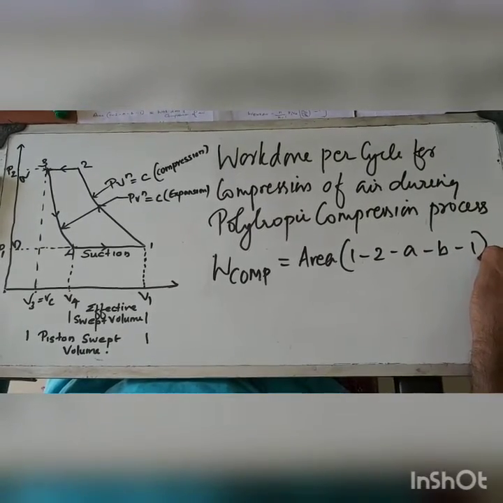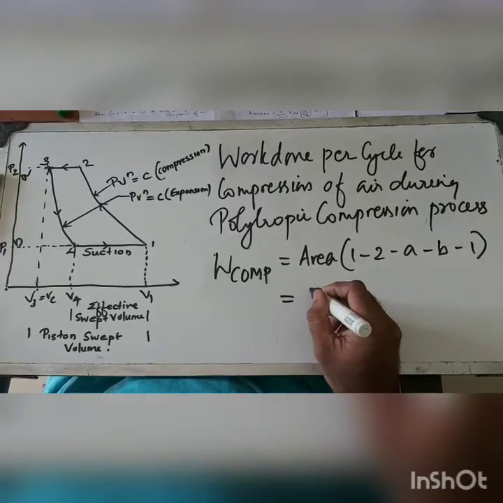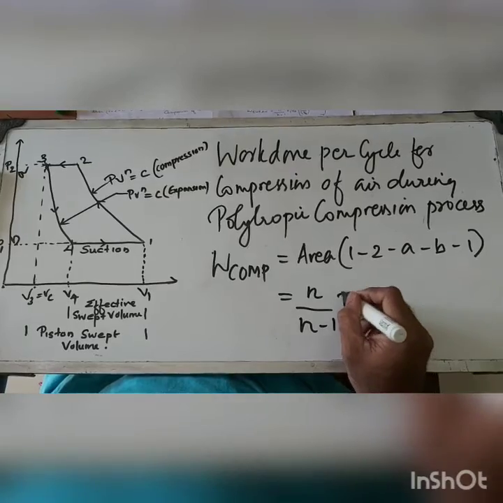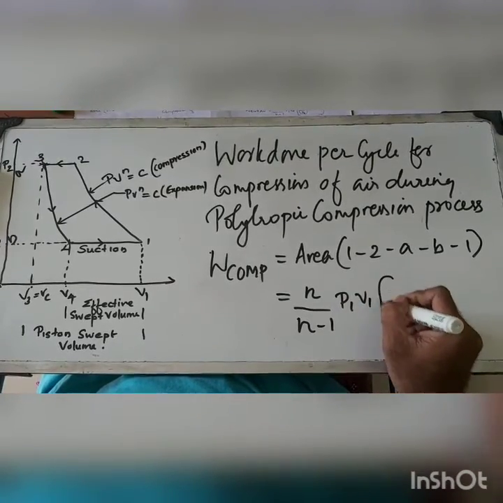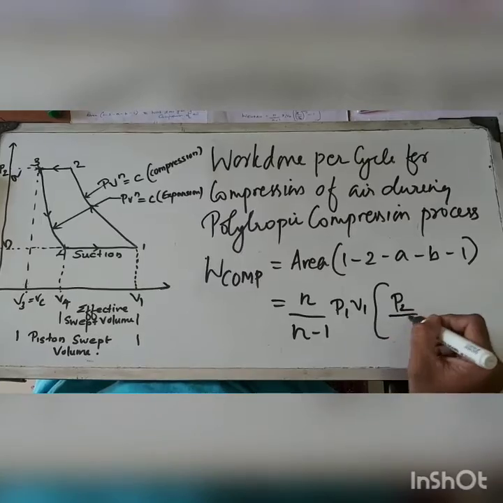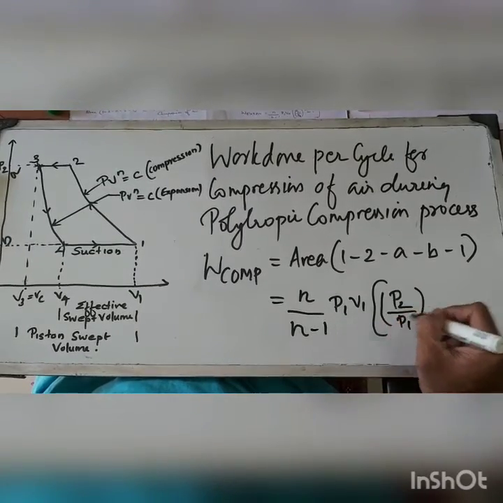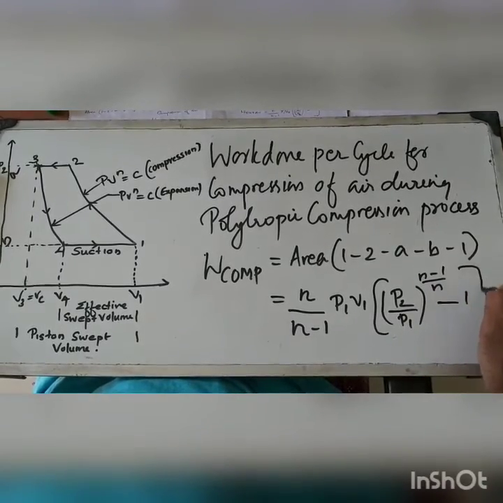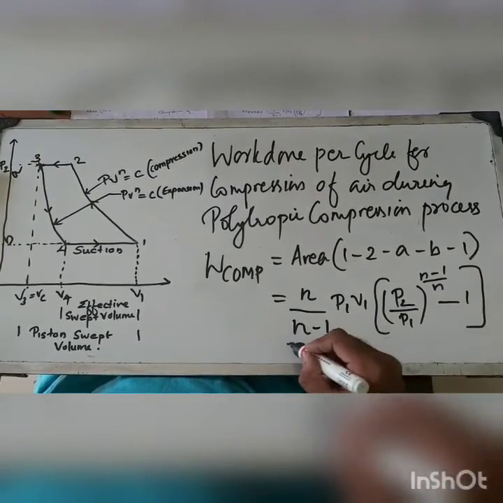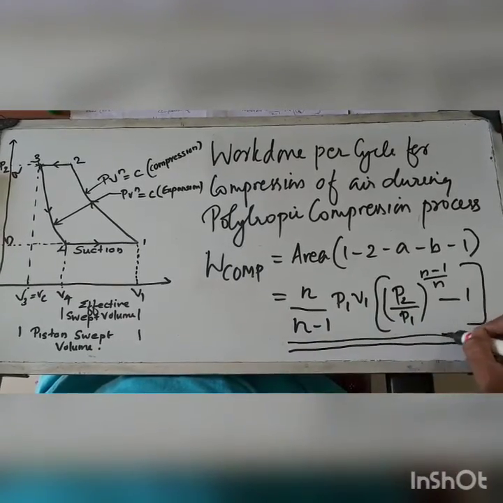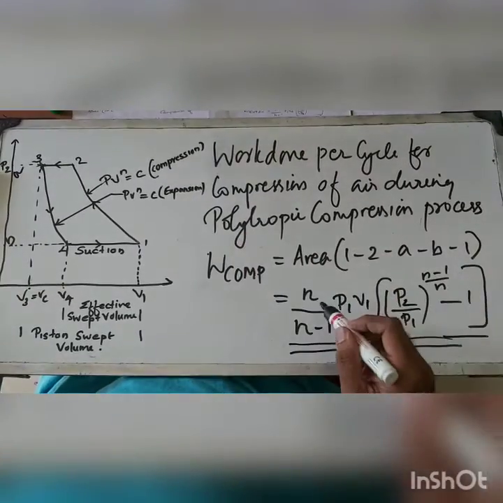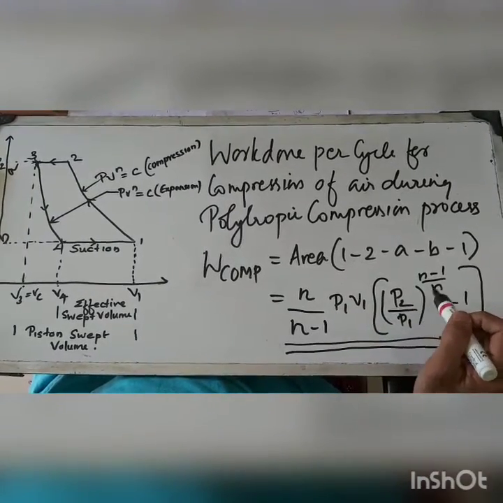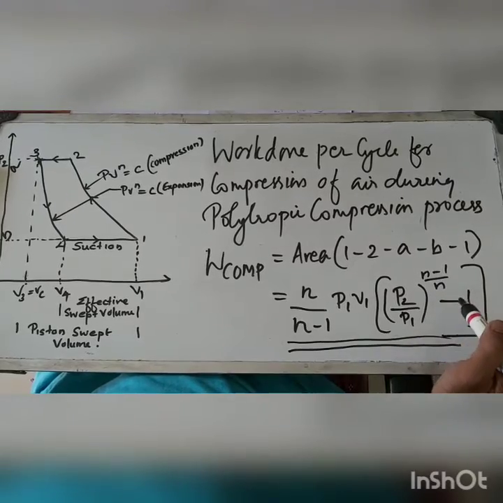What is this? This is n by n minus 1 P1 V1 into (P2 by P1) all raised to (n minus 1) by n, minus 1. This is the equation we derived earlier. So work of compression is equal to n by n minus 1 P1 V1 into (P2 by P1) all raised to (n minus 1) by n, minus 1.